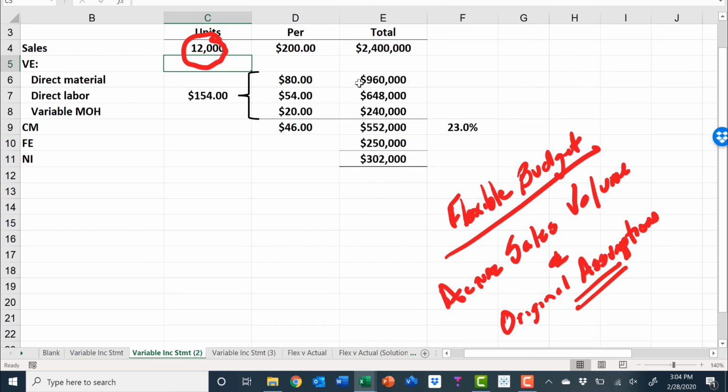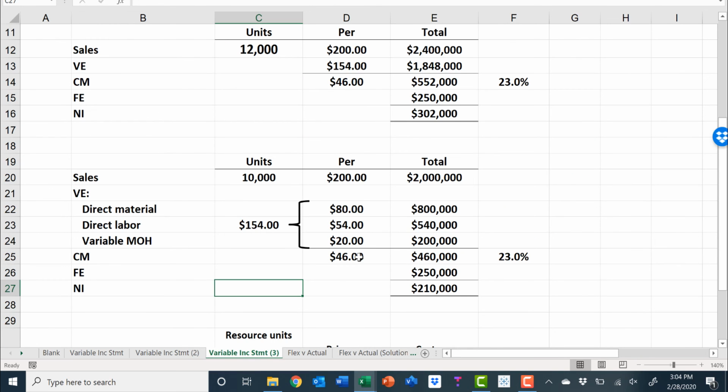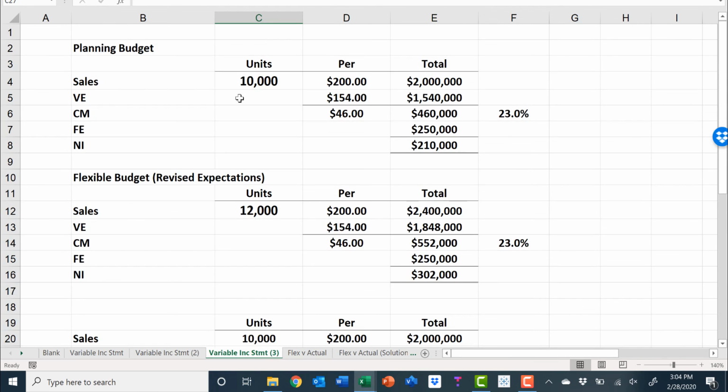The original assumptions stay the same. So the 200, the 80, the 54, the 20, the contribution margin per unit, and the contribution margin percentage all stayed the same. Also, that fixed expense stayed the same. So the only difference is going to be the difference because of volume. And that's the difference between the 210 and the 302, because these parts are constant.